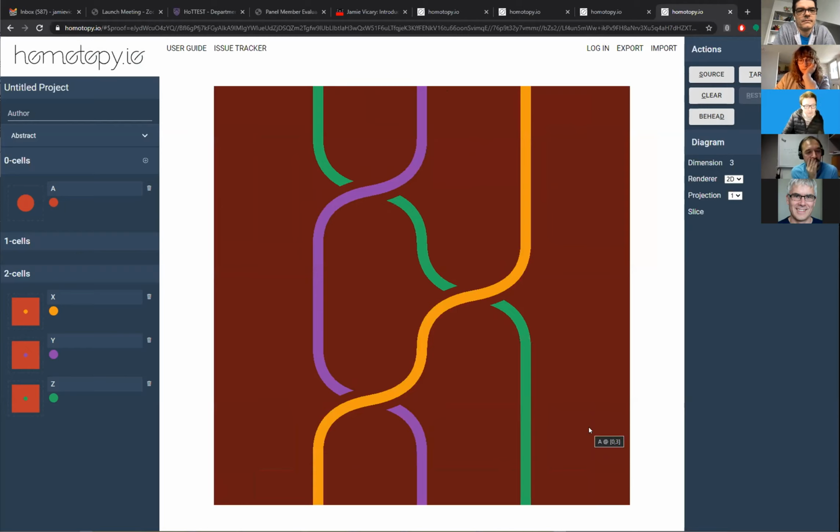So what have we got here? We've got a yellow wire, a purple wire, and a green wire, and we're braiding yellow with purple, yellow with green, purple with green. Now the third Reidemeister move, or alternatively the naturality law for the braiding, says I should be able to take this braiding and drag it across here.